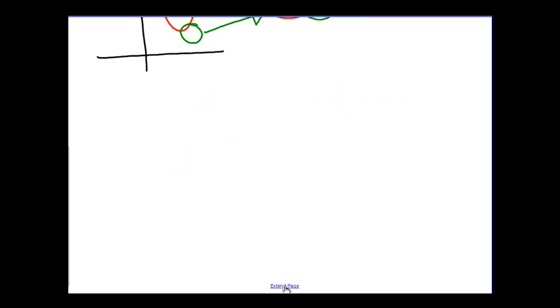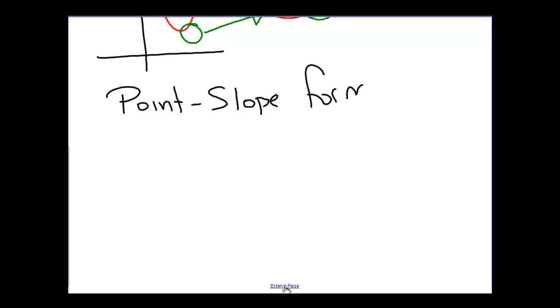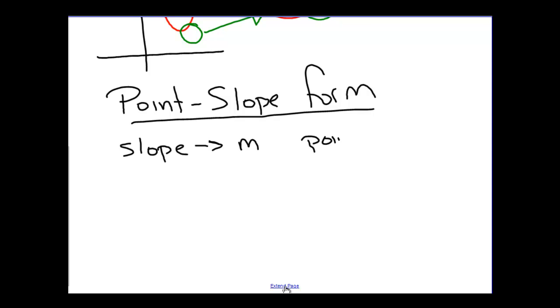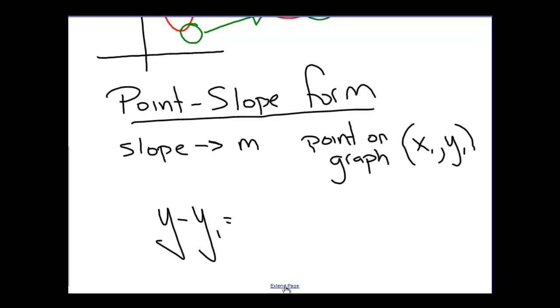So let's talk about the idea of linearization and let's see how this actually works. First of all, let's recall the equation for a line. Let's focus here on the point slope form for a linear equation. If the slope here is m and a point on the graph is x1, y1, then the point slope form of a linear equation will be y minus y1 is equal to m times x minus x1.